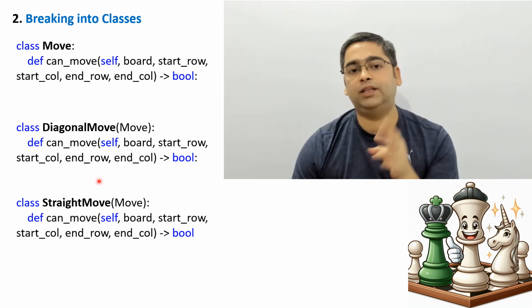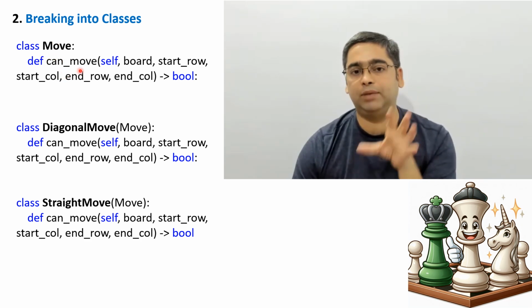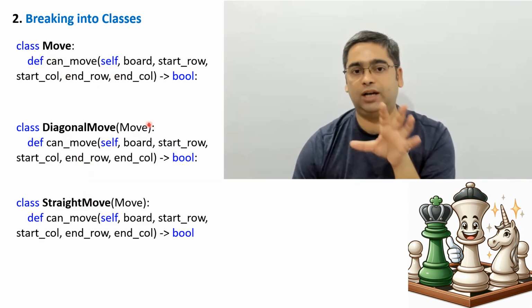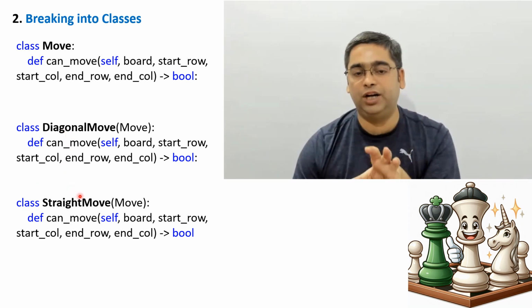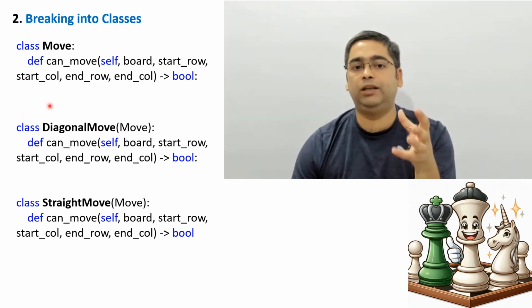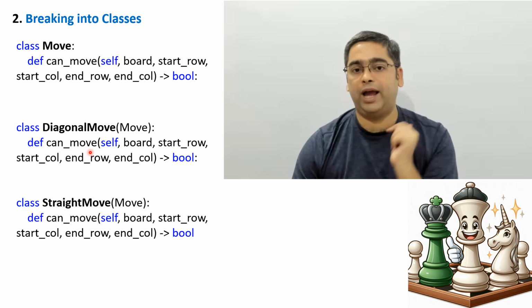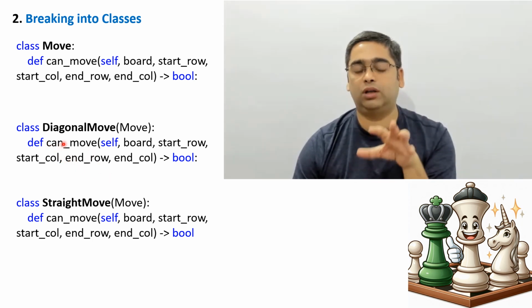So what I did was I created two move classes. We are going to use a strategy design pattern. Move will be our generic class which will have the can move method, and the diagonal move and straight move are going to extend the move class. These two move classes are going to be used to implement the moves of three pieces, that is queen, rook and bishop. Now I haven't written the whole code for the diagonal move class.